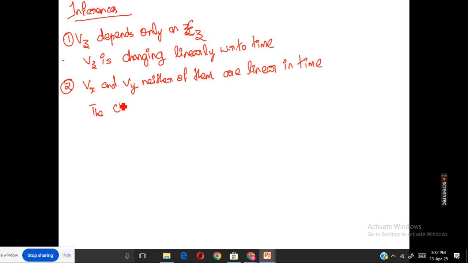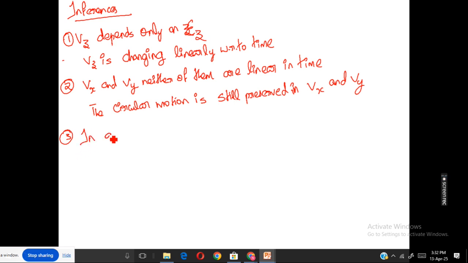And the circular motion is still preserved in Vx and Vy. If you find the trajectory along the x and y direction, it will still be circular.